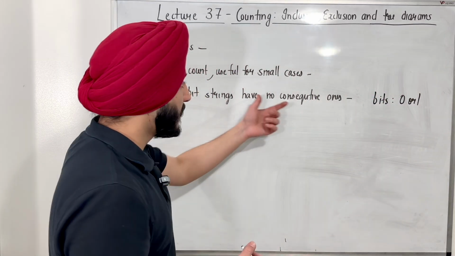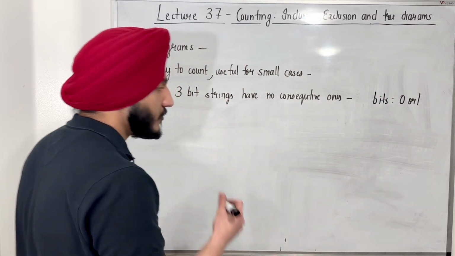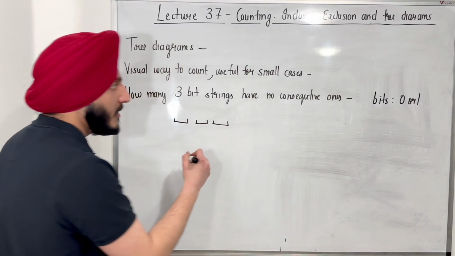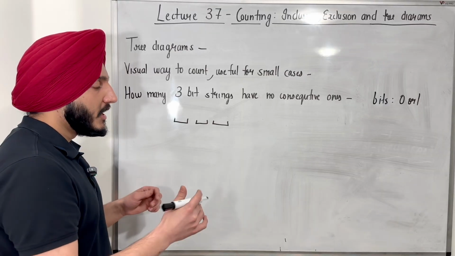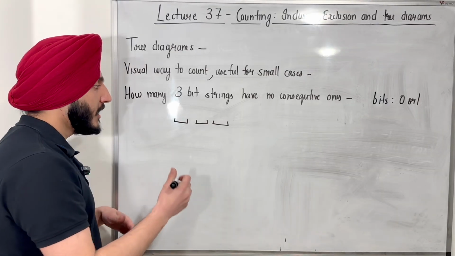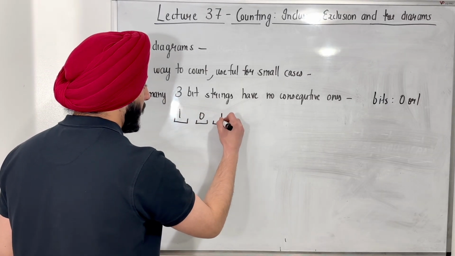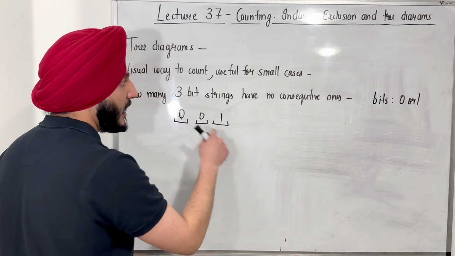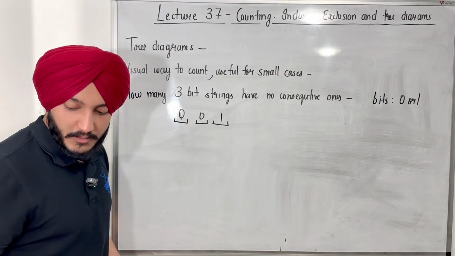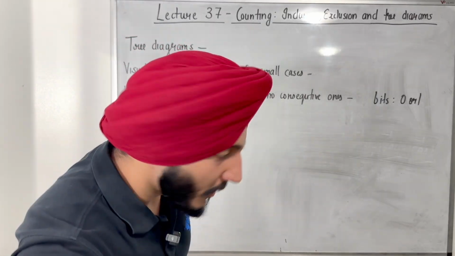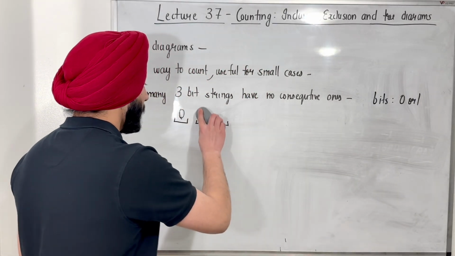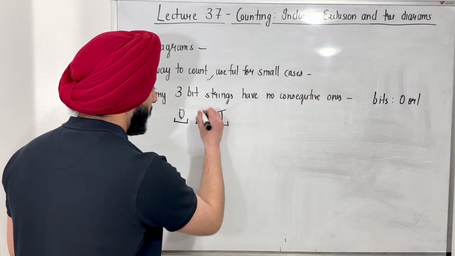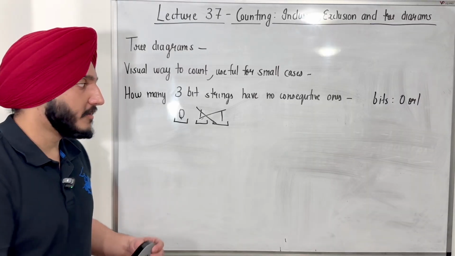So you need to find the count of 3-bit strings where ones don't come together. It could be like 1, 0, 1. It could be like 0, 0, 1. But you can't have two consecutive ones together. If I have 1, 1, this would be incorrect. Basically, ones can't be consecutive, right?